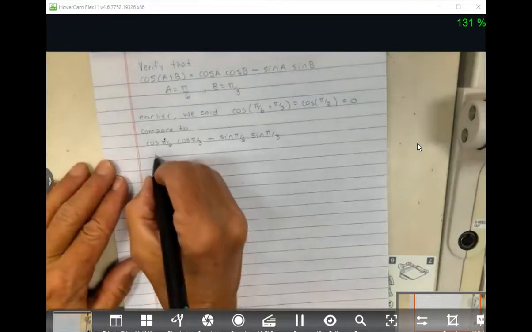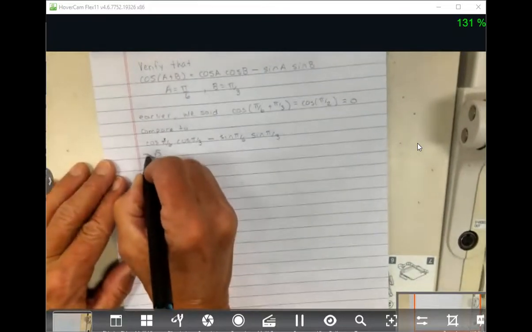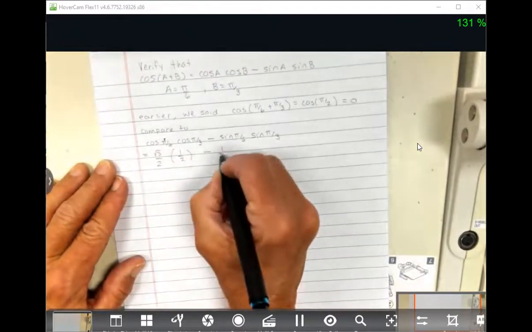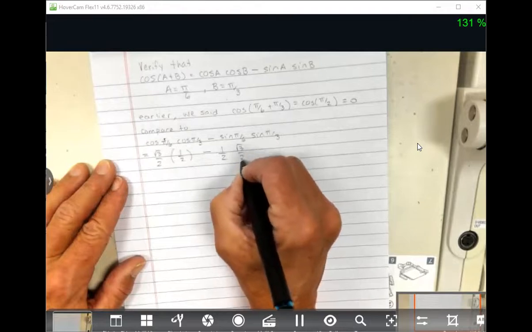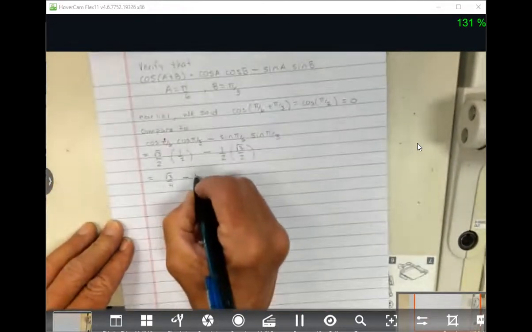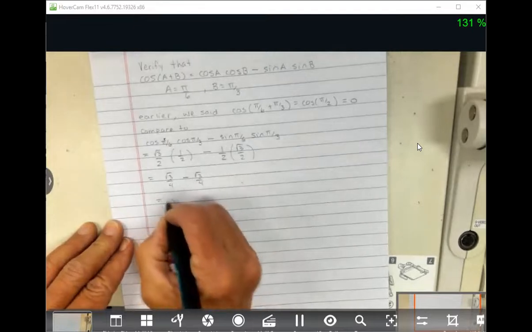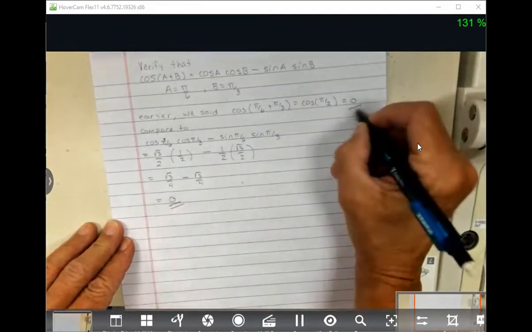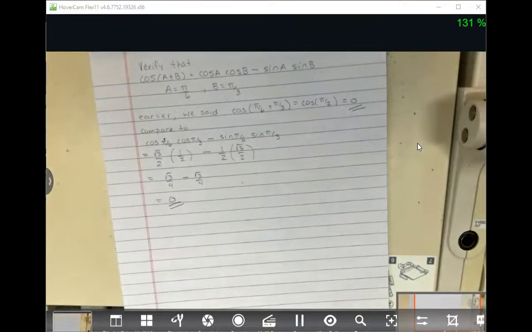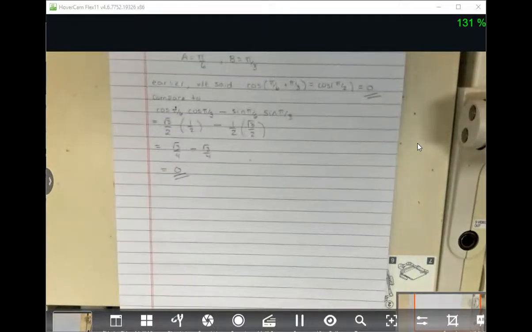Cosine of pi thirds is a half. Sine of pi thirds is square root of 3 over 2. Looky there, I got square root of 3 over 4 minus the square root of 3 over 4 is equal to 0. So, yep, it works.